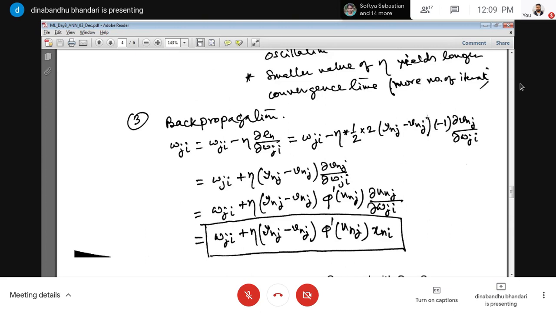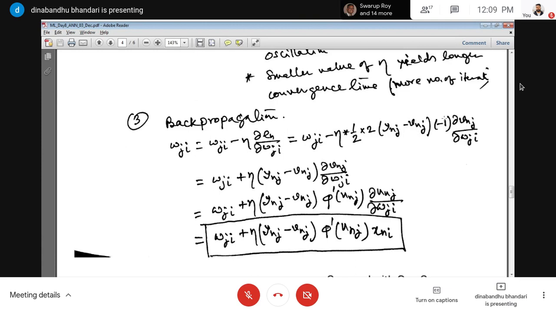If you differentiate the square, half is always there, and there will be a 2 into (Ynj minus Vnj). Differentiating with respect to Wji, Ynj does not have Wji, only Vnj has Wji. So there will be a minus del Vnj del Wji.